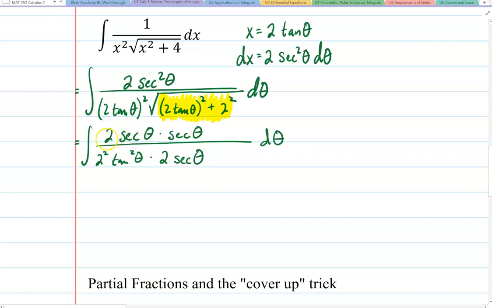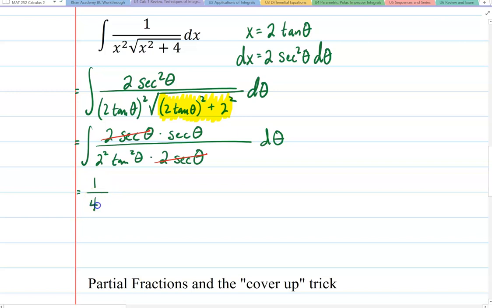I'm going to copy the next line. But again, the hope here is to find some items that'll start to cancel. And as it turns out, this 2 secant theta can cancel with this 2 secant theta. And we're left with kind of an interesting result. We've got a 1 as a coefficient in the numerator and a 4 in the denominator.